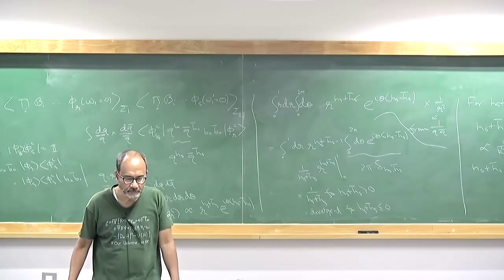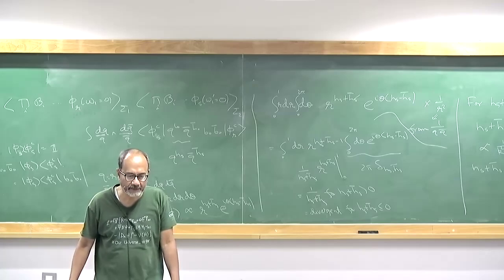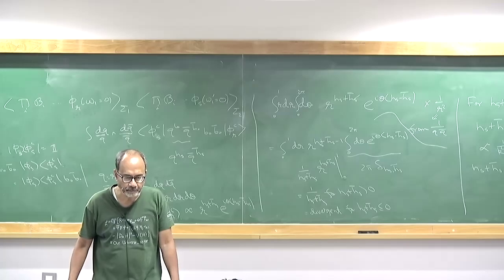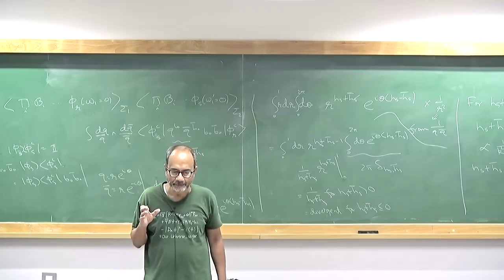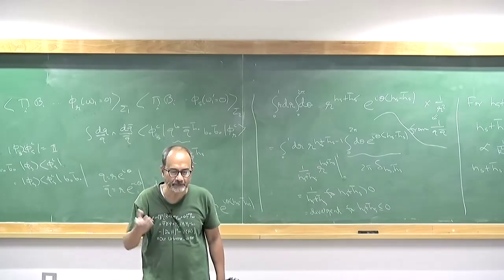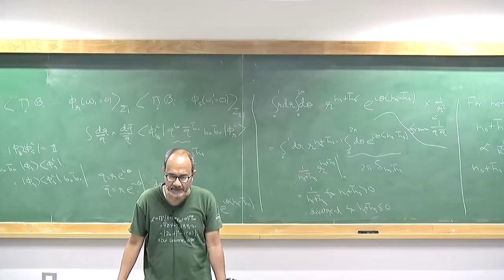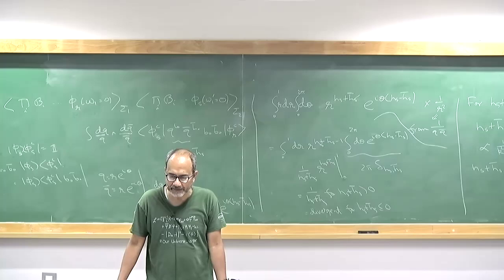Yeah, that basically says that only the level matched states propagate in the intermediate state. Exactly. Well, that's good, if it does happen, right? Because you saw that if the states are not level matched, then defining their correlation function becomes complicated. So it is good that only level matched states propagate in the intermediate channel.